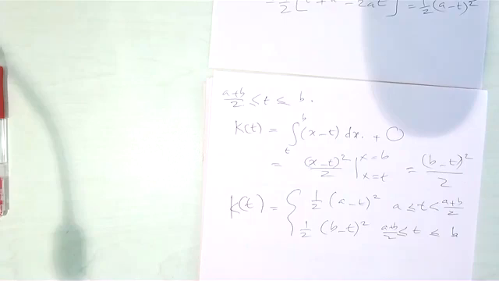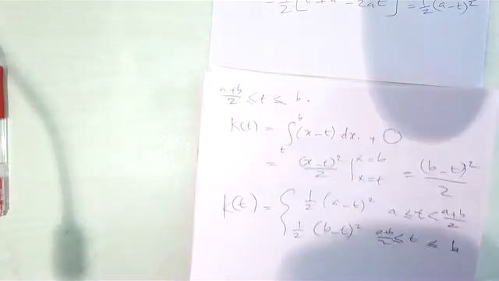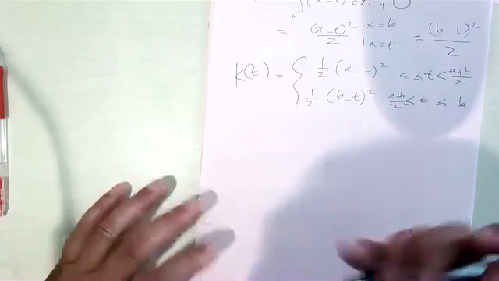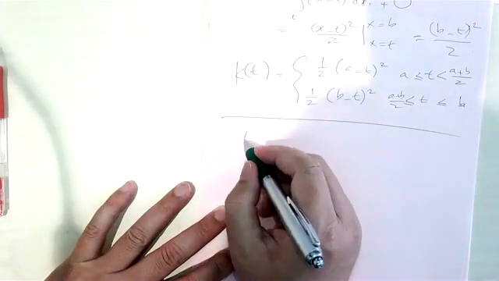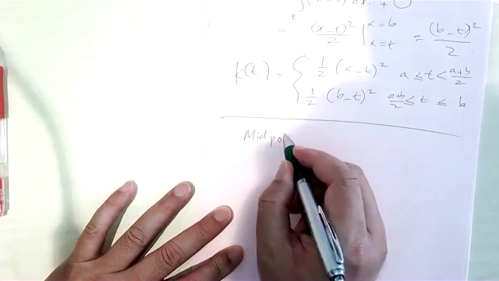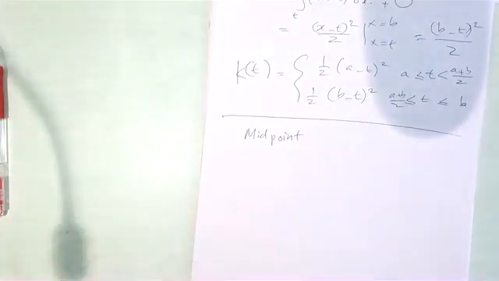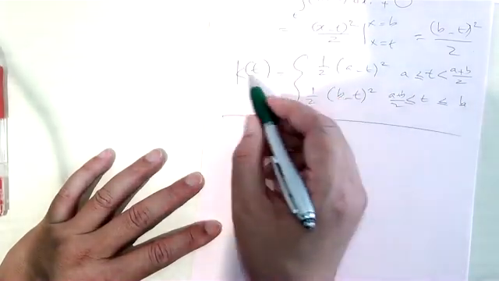So now you go back to this. For the midpoint rule, you have this formula. Remember, for the midpoint rule, we just compute this.